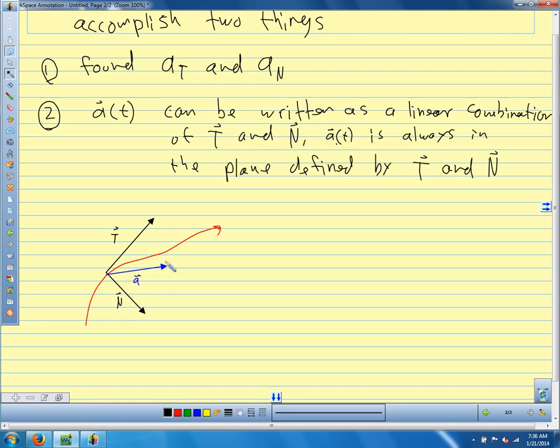If I project our acceleration onto this vector and onto that vector, because the magnitude of T and the magnitude of N are 1, I can say this length is a dot T, because the magnitude of the unit tangent vector is 1, and I can say this length, the normal component of acceleration, is a dot N.